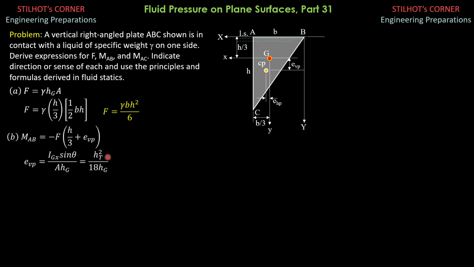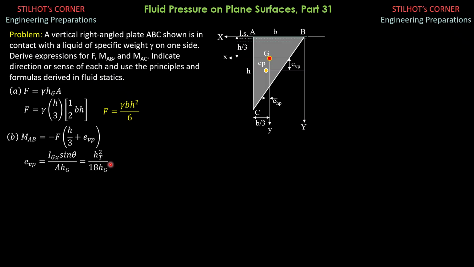So it reduces to, because I sub GX is B H cubed, B height of triangle cubed over 36, then divided by area 1/2 BH times h sub G. Sine theta is 1 in this case, so it reduces to height of triangle squared over 18 h sub G. You may also look at the derivation of this, as I said, from the preliminary part of the video about this concept, the lecture video of this concept.